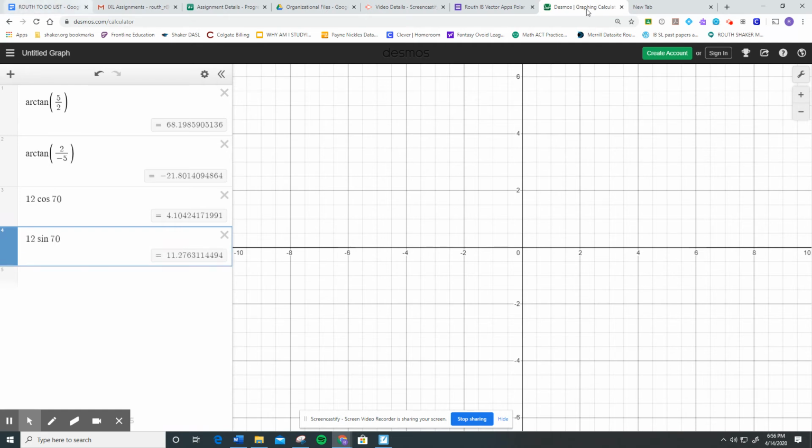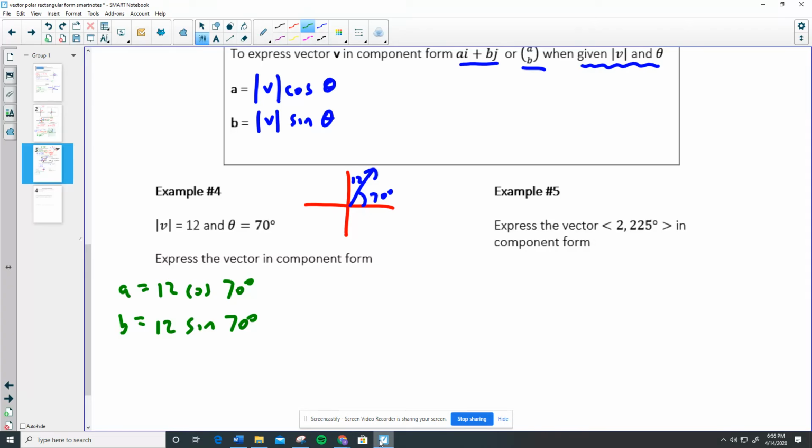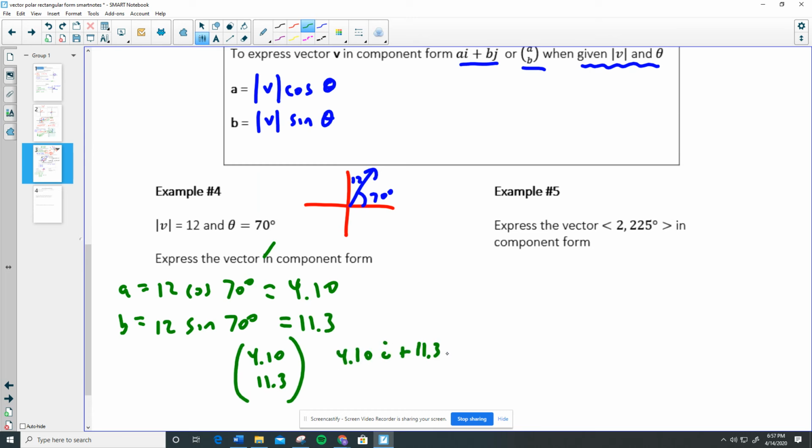I'm going to check real quick to make sure I am in degrees mode. I am. And this gives me my answers. So I've got an x component, or A, equals 4.10, and y equals 11.3. Written another way, this would be 4.10, 11.3, or we could say 4.10i plus 11.3j.